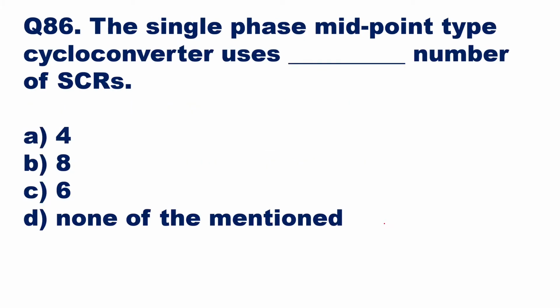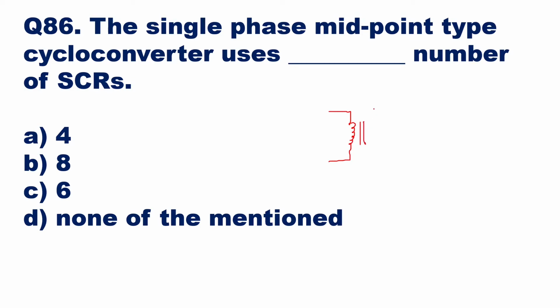The single phase midpoint type cycloconverter uses dash number of SCRs. So here, when we studied the circuit of a single phase midpoint type cycloconverter, we saw a circuit like this, where input AC is given to a transformer.